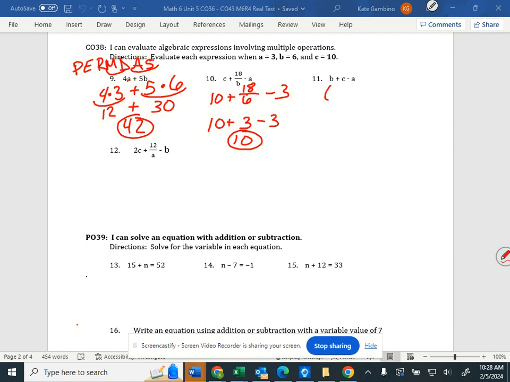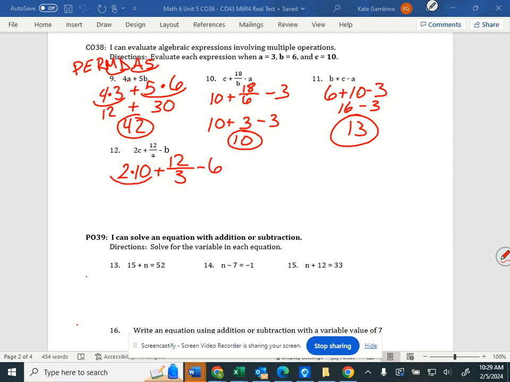For number 11, we have 6 plus 10 minus 3. So that's 16 minus 3. I had a couple of people accidentally add them together. It is a subtraction. Then we have 2 times C plus 12 divided by A minus 6.